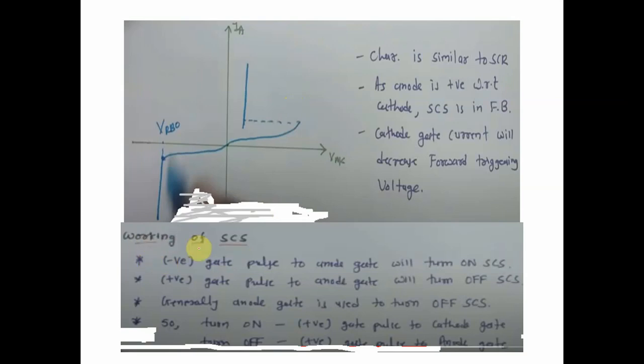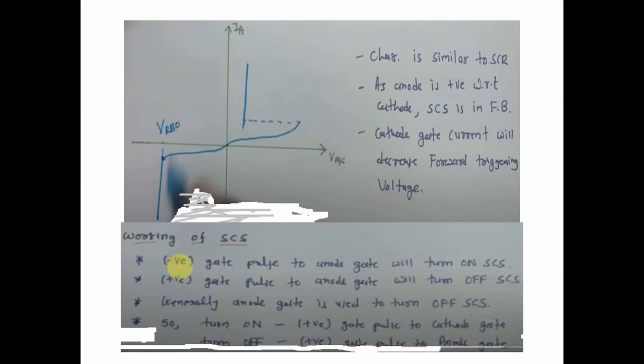Now we will study the working of SCS. There are two types of gate pulses: anode gate pulses and cathode gate pulses.